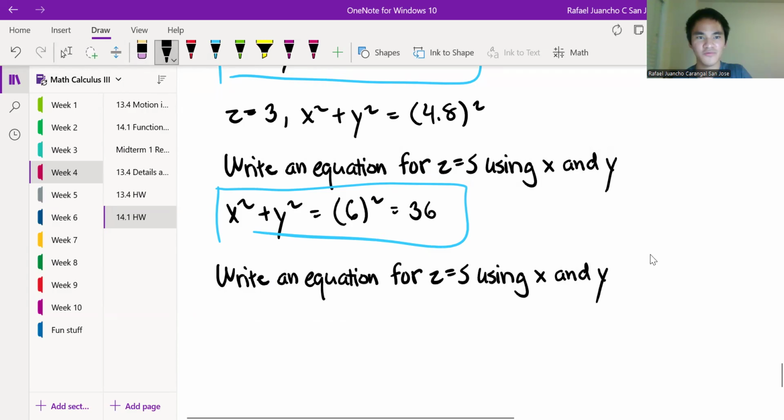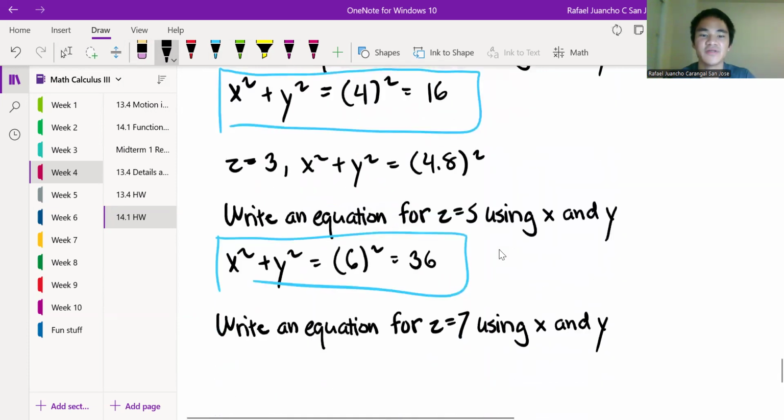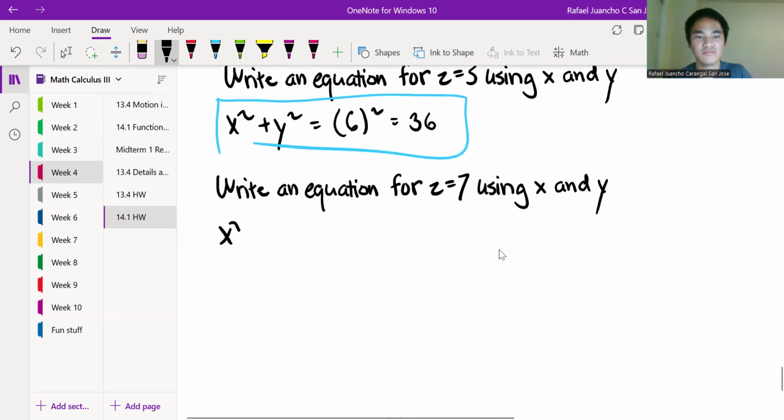So now I'm saying when z is 7, what is this? When z is 7, 5, 6, 7, 8. Now my radius is 8. I have 8 squared. I have 64.